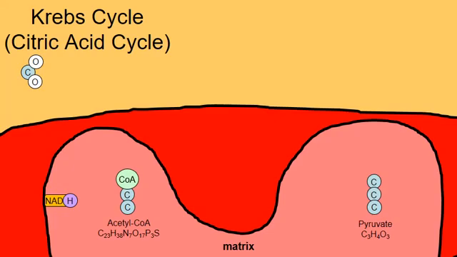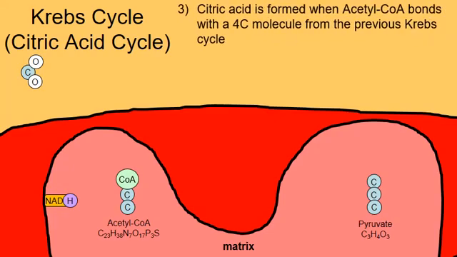What happens to the acetyl-CoA, the third step, and this is where the Krebs cycle also gets its name of the citric acid cycle. Acetyl-CoA is going to be converted and broken down into citric acid. That happens when a 4-carbon molecule from the previous Krebs cycle bonds to the acetyl-CoA. And I have it flashing for a reason.